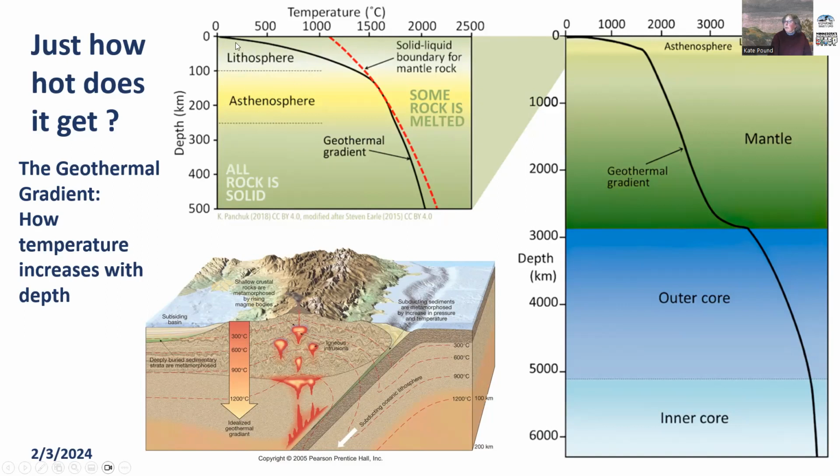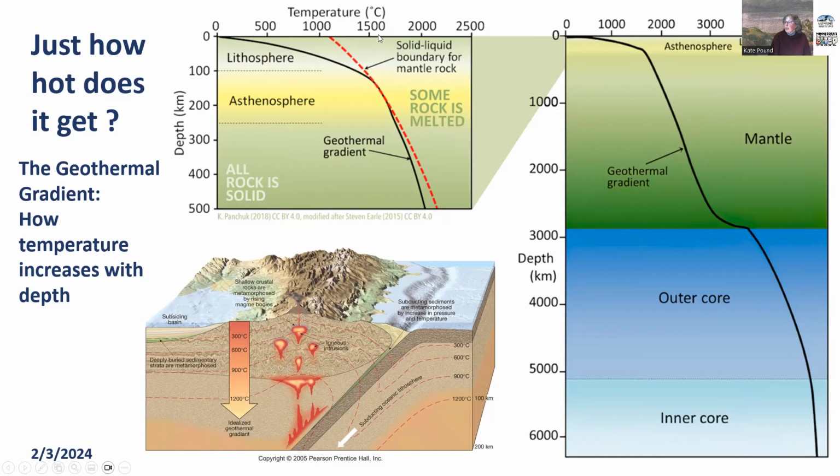And what's important is this black line represents the geothermal gradient. So it's how temperature changes with depth as you go into the earth. And what you'll notice is it increases relatively rapidly as you go through the lithosphere down to about just over 100 kilometers.